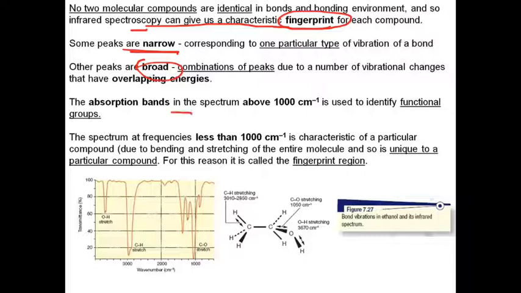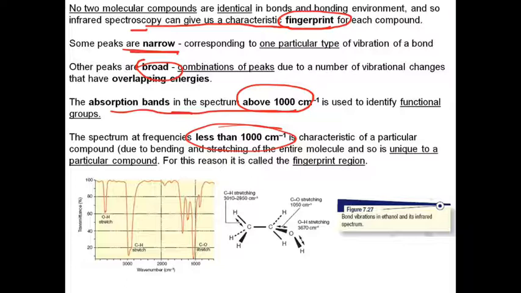The absorption bands in the spectrum above 1,000 wave numbers are used to identify functional groups. Less than 1,000 wave numbers, as I said, is called the fingerprint region, which has got nothing to do with functional groups. It's only to do with the actual backbone or the chassis vibrating and flexing of the actual whole molecule itself.